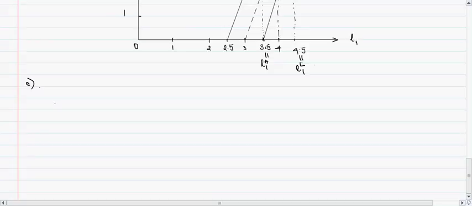So player 1 only has an incentive to send a truthful signal to player 2 if that brings him a higher payoff. So we have to examine whether it is player 1 of a low cost or player 1 of a high cost that will have an incentive to send a truthful signal to player 2. Right, so we deal with player 1 of a low cost first.